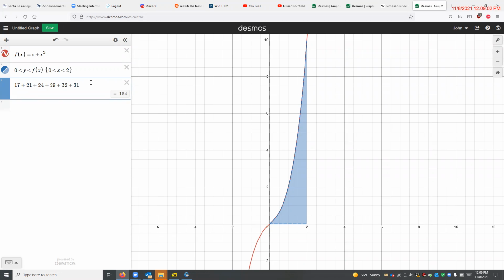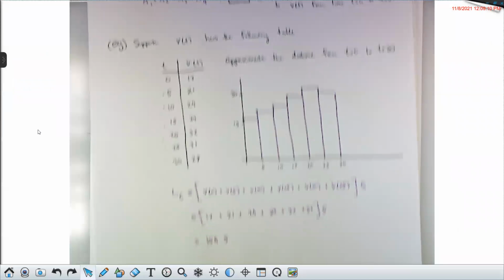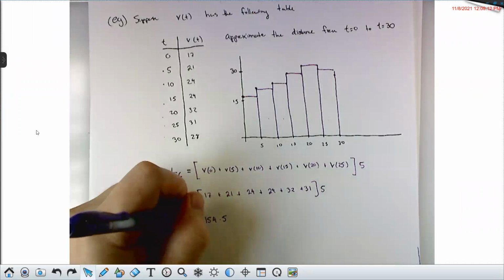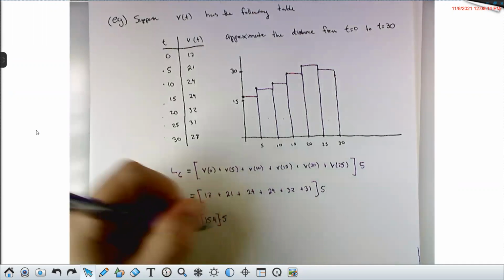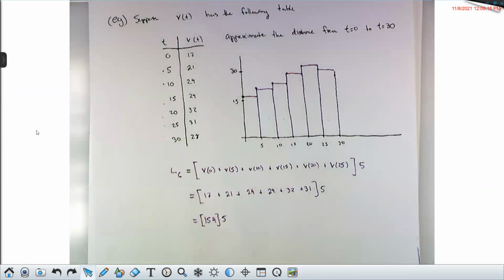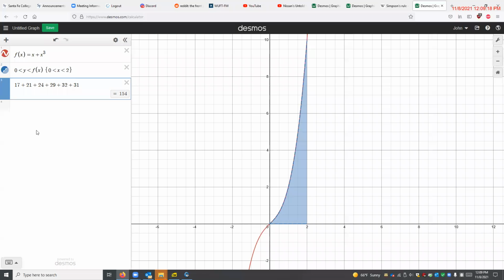It's 154, all times 5. So that sum is 154. And when I multiply that by 5, I get 770.